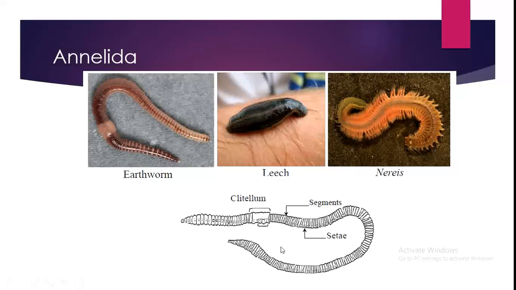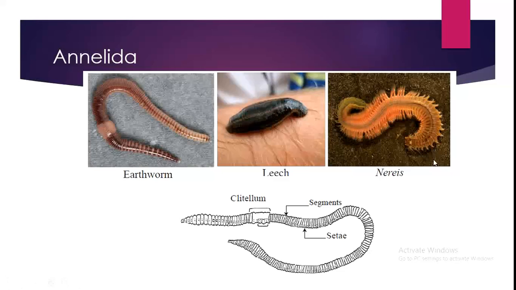They show both asexual and sexual reproduction, and this clitellum is considered to be storing eggs, and the hair-like projections present along their body are known as setae. So their habitats are damp soil, marine environments, as well as freshwater habitats.